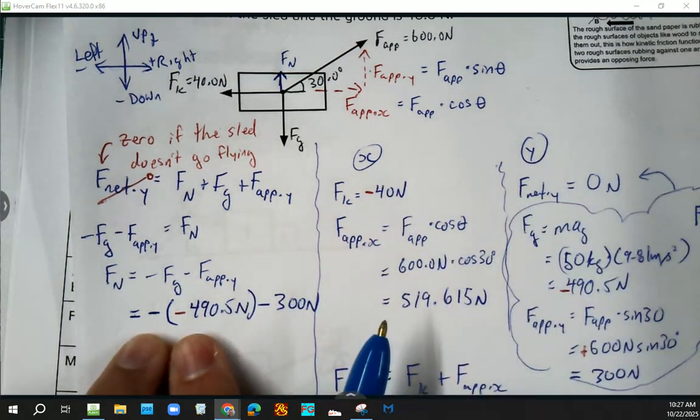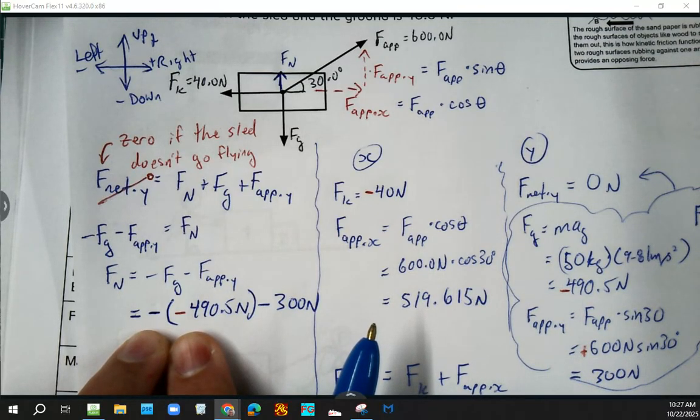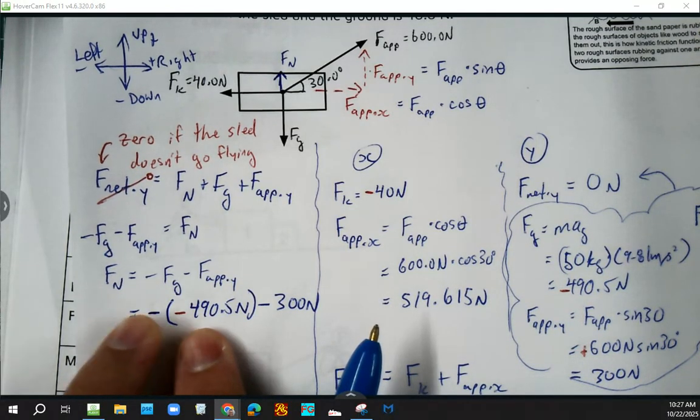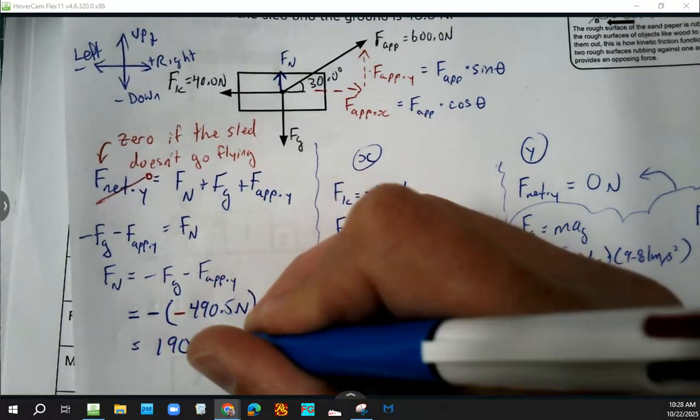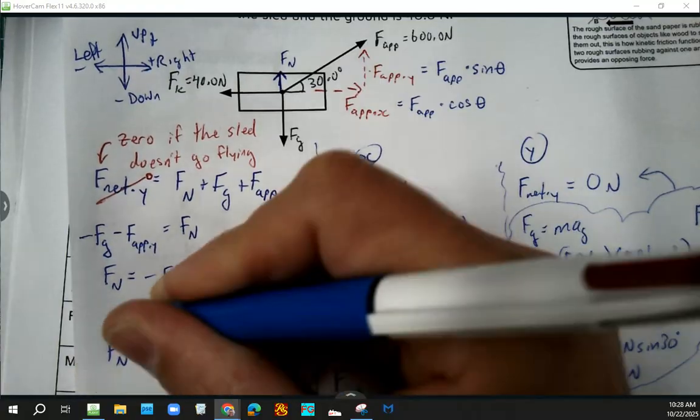And so we end up having positive 490.5, because negative of a negative is a positive. Positive 490.5 minus 300 gives us 190.5 newtons as the normal force.